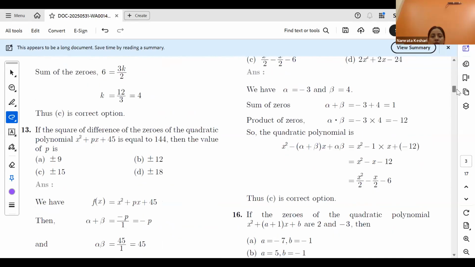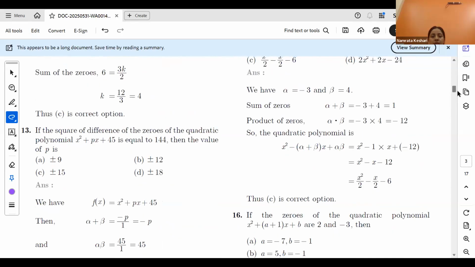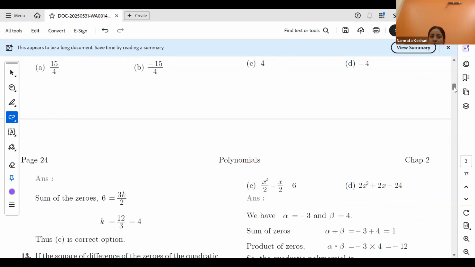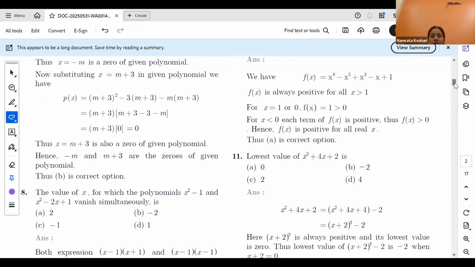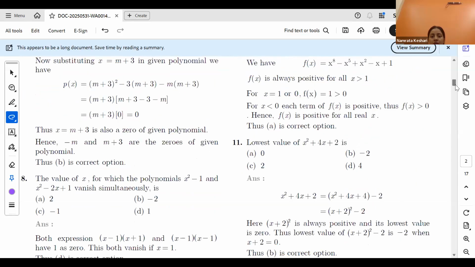First, I found the zero of x square minus 1, and I substituted the value of x in the second. Okay, great.